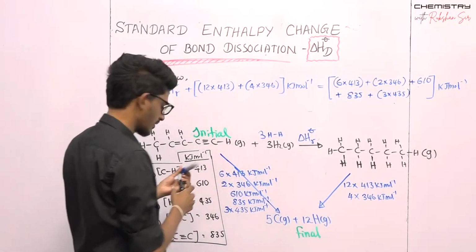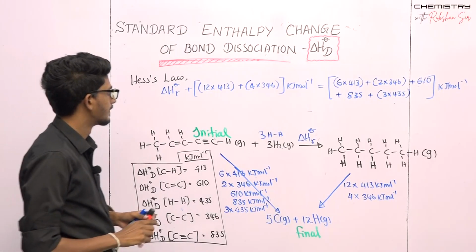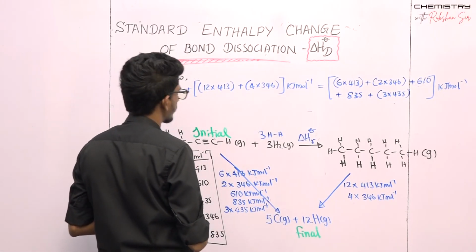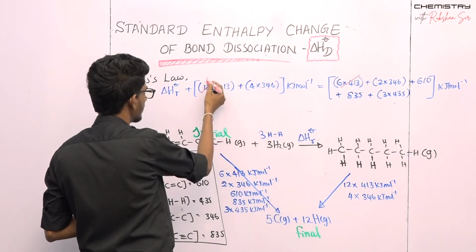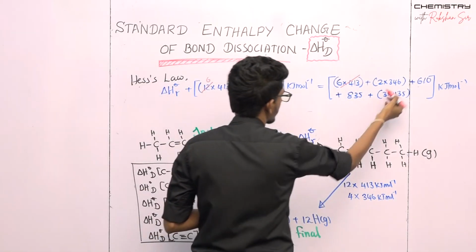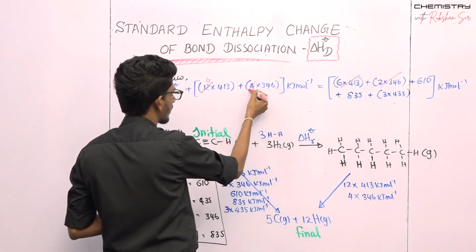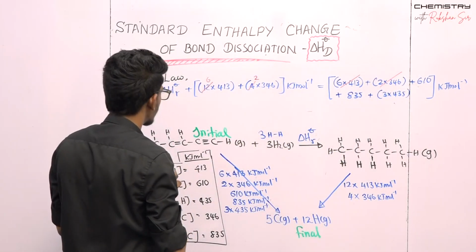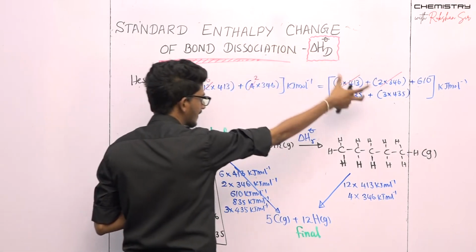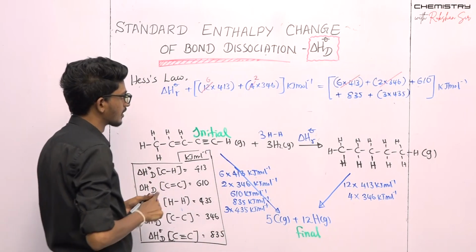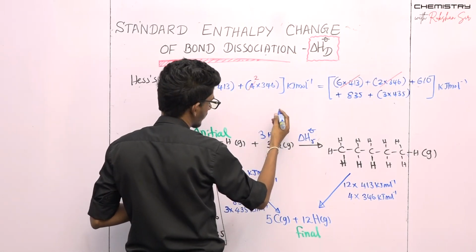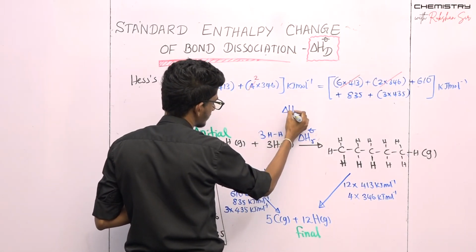If you simplify this, the 6 cancels off here, and this becomes 2 here, right? You can bring this to the other side and solve for delta H R. You will get the same value as earlier.